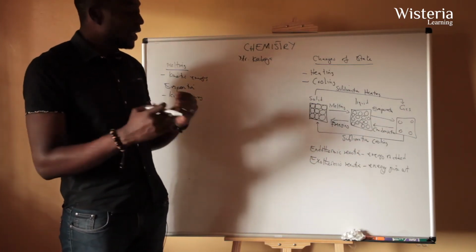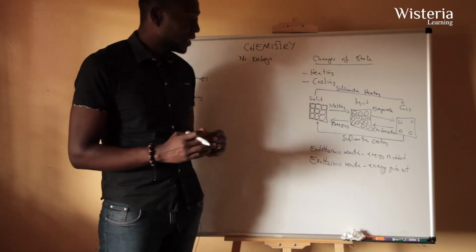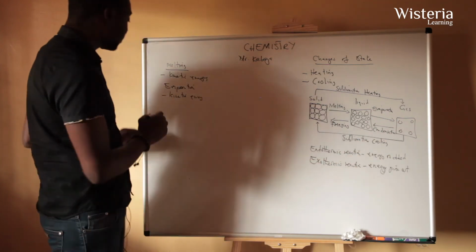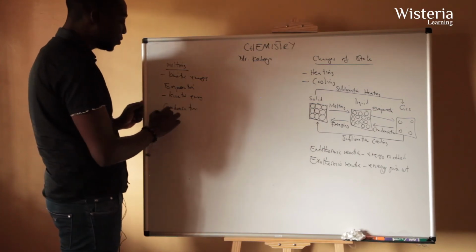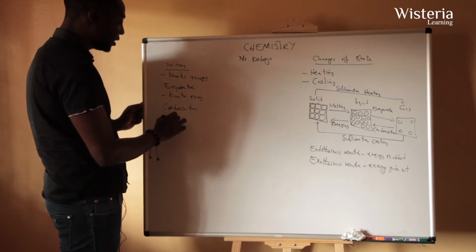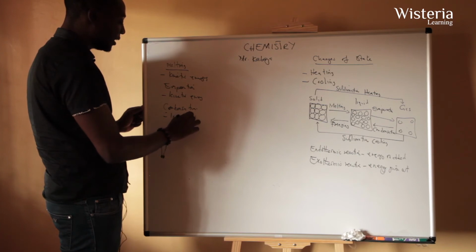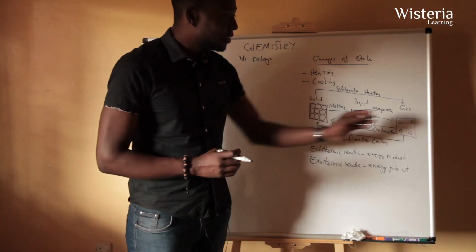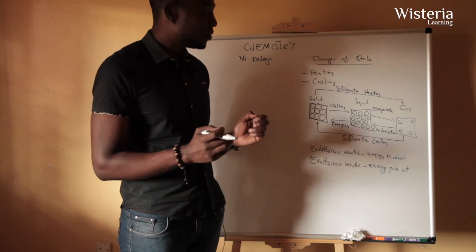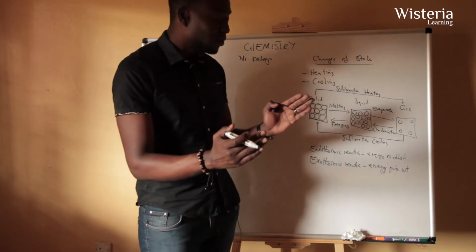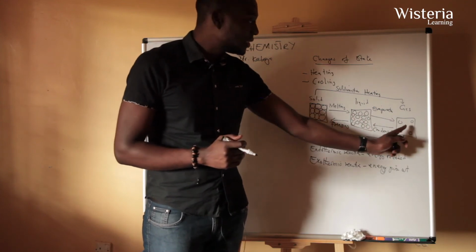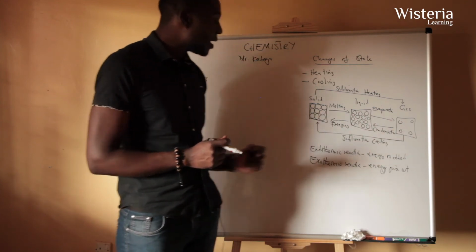Then when you are removing energy, under exothermic chemical reactions where energy is being given out, under condensation, the particles lose kinetic energy. When they lose kinetic energy, the particles in a gas will stop moving fast, and they'll start getting closer to each other like particles in a liquid. That's how a gas changes to a liquid.